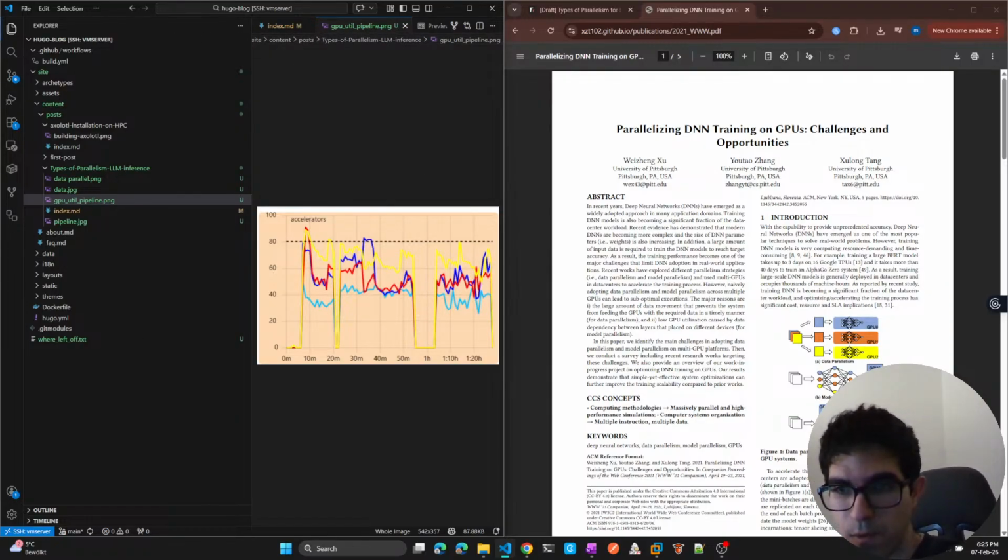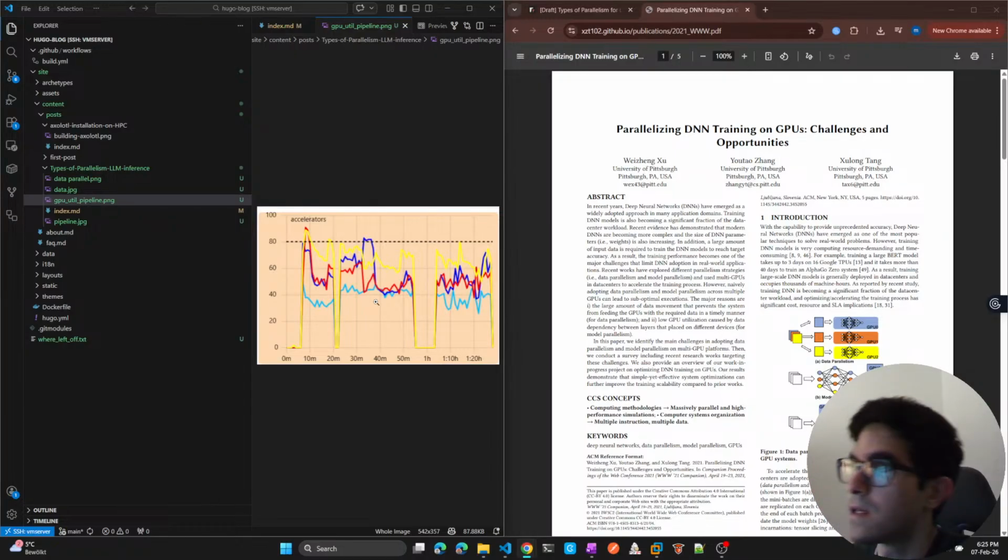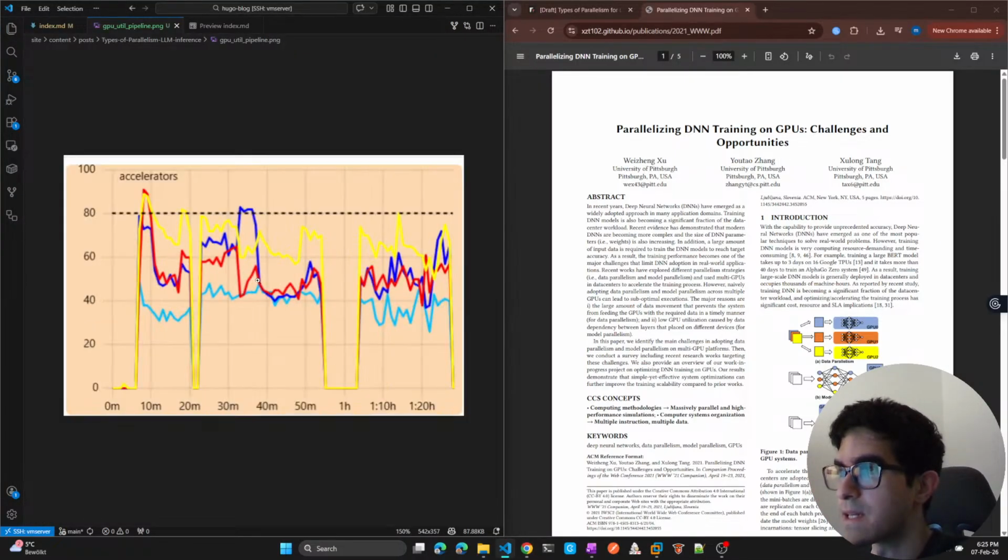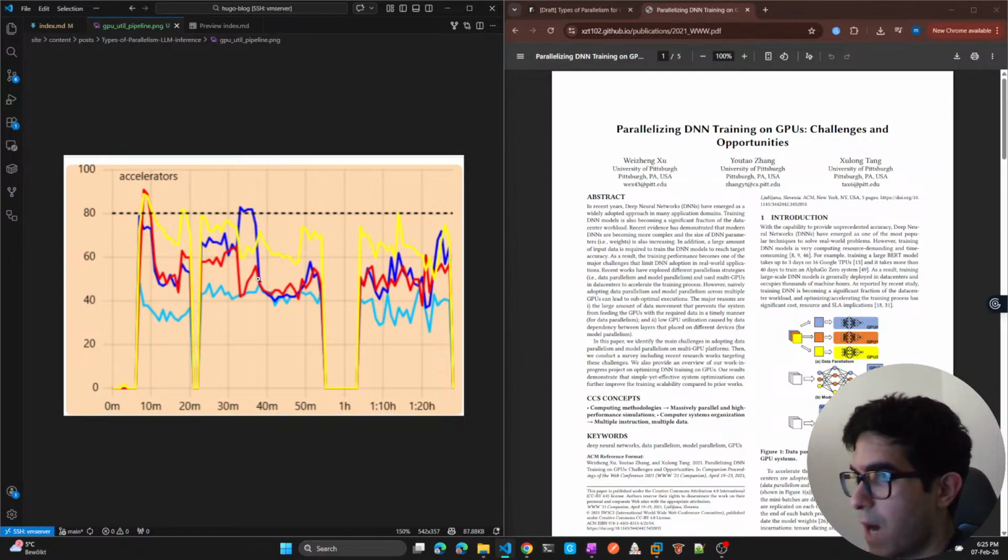I think the last part would be a bit confusing, to be honest. What you're seeing here is the GPU utilization on 4 GPUs when I was using pipeline parallel, and as you can see, the utilization is terrible. But the important thing is that around the 1 hour mark, I stopped the generation and then started again.